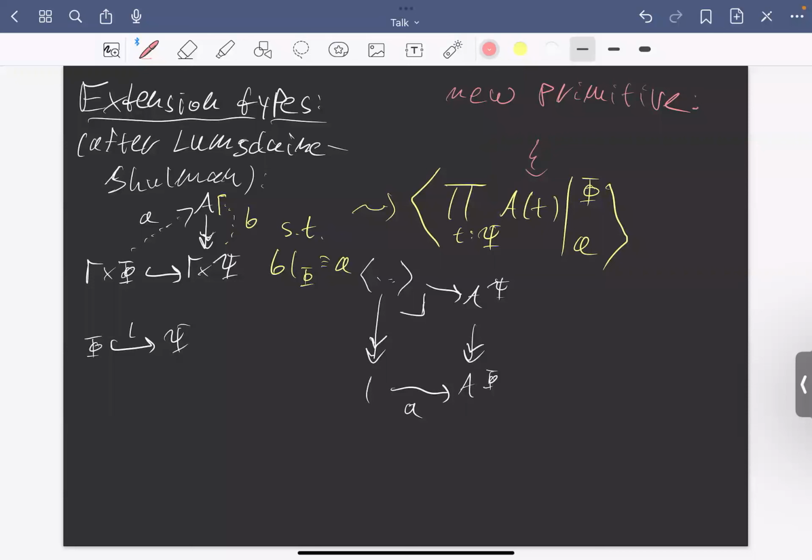So gamma times one of these simplicial thingies, phi or psi, is probably interpreted as the tensor of gamma with the simplicial set phi or psi. That's right. Yeah, it's an embedding. It's the one that does not make it into an infinity groupoid.